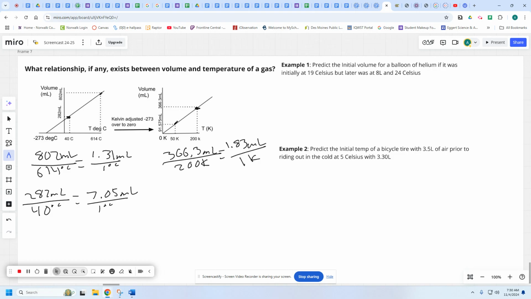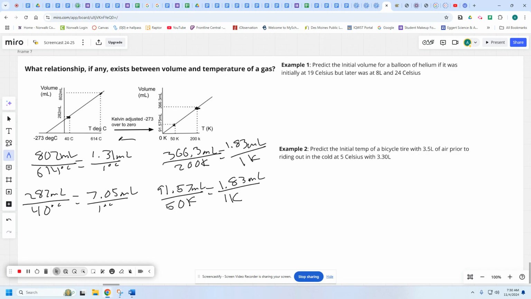And now if I go down to the first point near the origin and take 91.57 milliliters for 50 Kelvin, it also comes out to 1.83 milliliters for every 1 Kelvin.